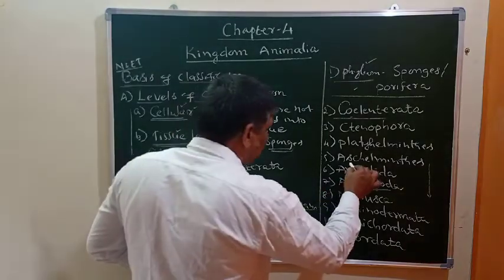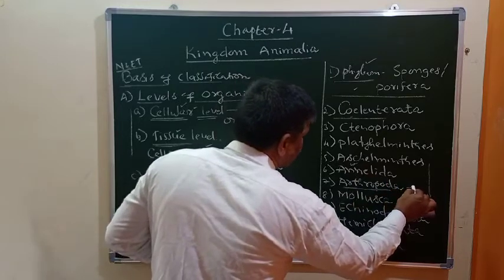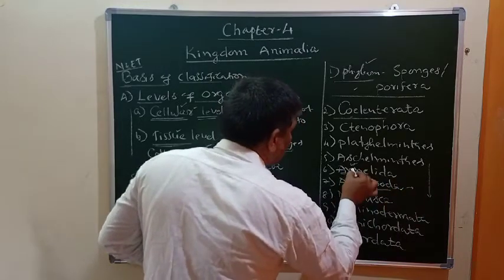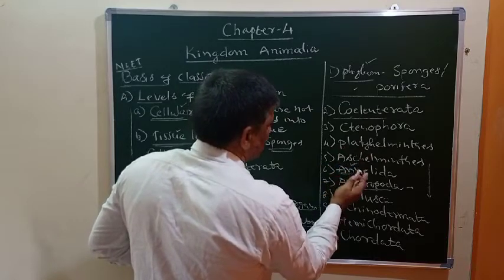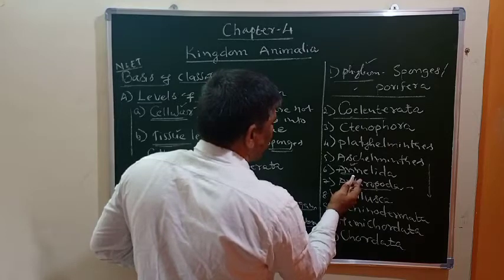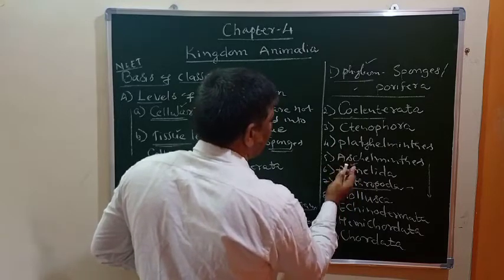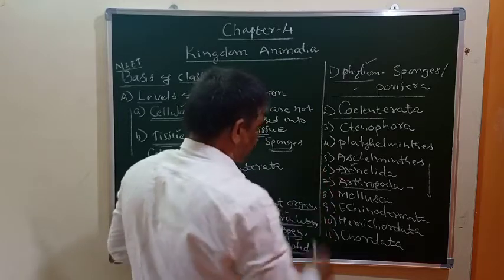This we can see in Annelida. Just to remember: in arthropoda, open type; in Annelida, closed type. Actually, these primitive animals have an advanced type of circulatory system here.